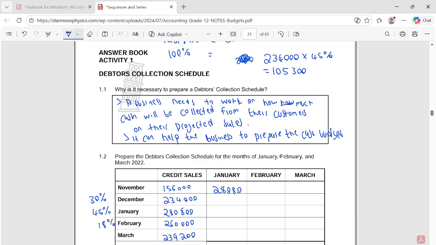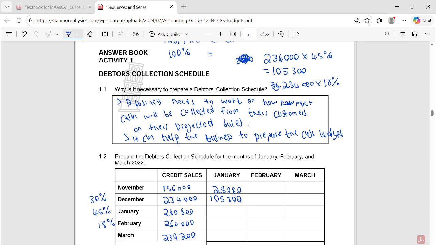So I'm gonna come here. Okay, for January I'm having 105,300, right? And then for the month of February I'm gonna pay 18%. So 234 multiplied by 18% is coming to what? February, right?